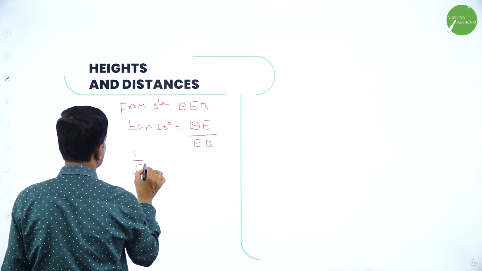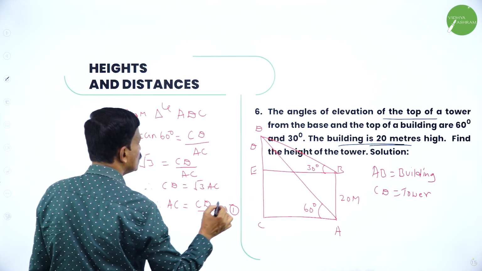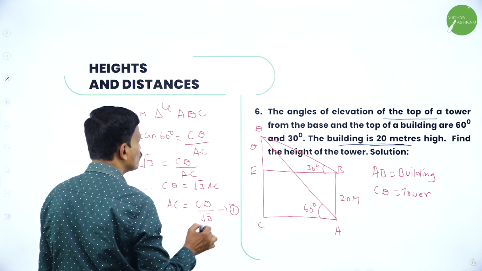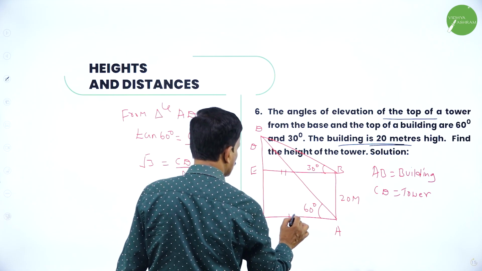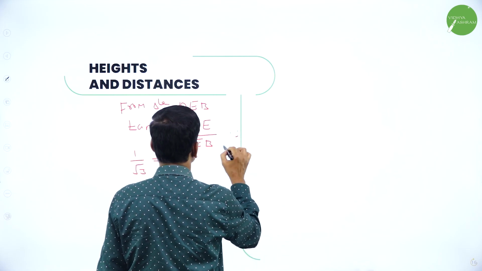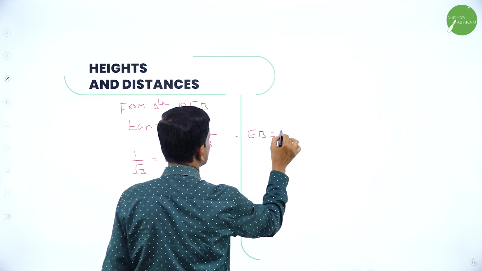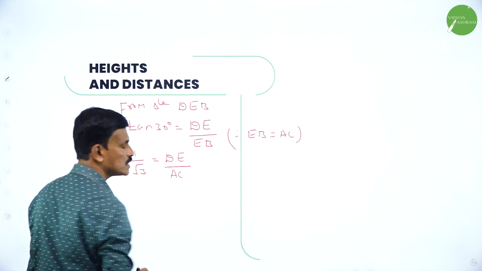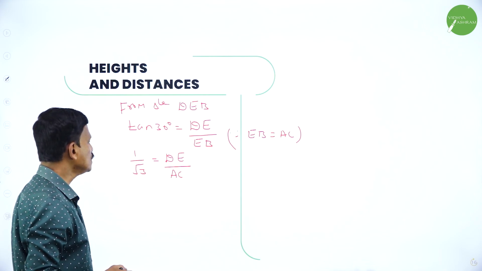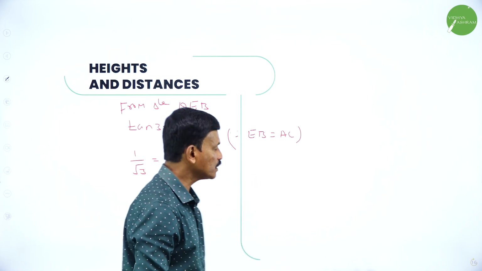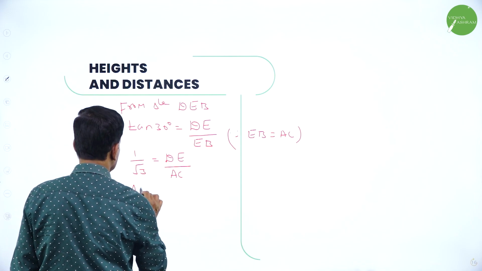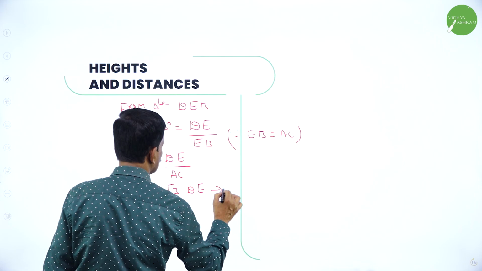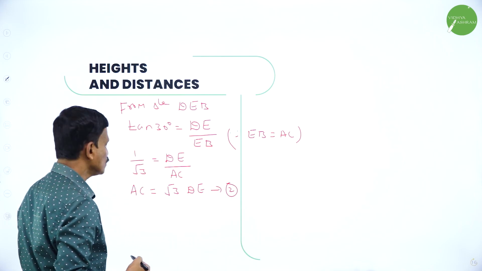Tan 30 is 1 by root 3, equal to DE divided by EB, and EB is also equal to AC. Since EB is equal to AC, substitute here: 1 by root 3 is equal to DE by AC. Now cross multiply, and we get AC is equal to root 3 times DE, equation number 2.